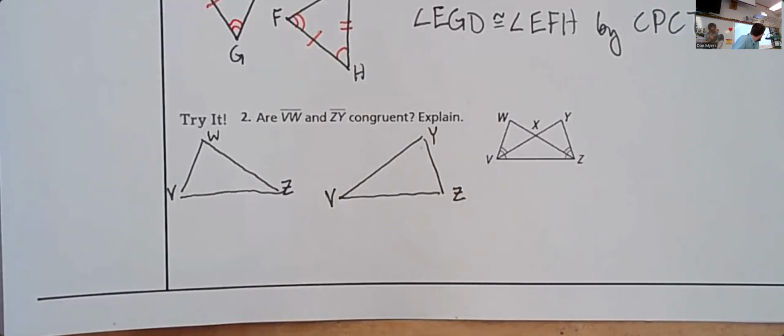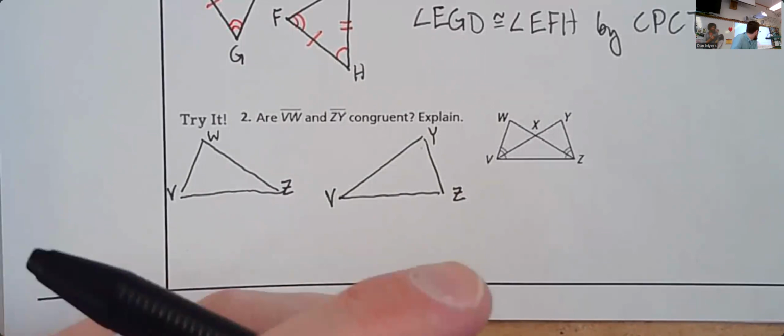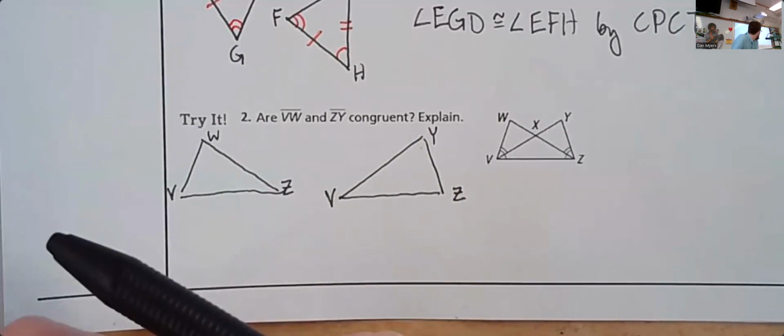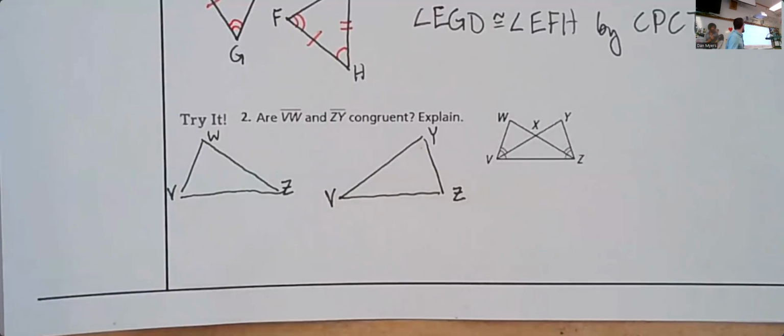Well, actually, now that I look at it, we could use all three triangles if we wanted to. That's fine too. There's a few ways to go through this. The only reason I'm showing this is because we're talking about overlapping, but that is an interesting thing here. We don't have to use the overlapping triangles to prove what we want to prove on this.